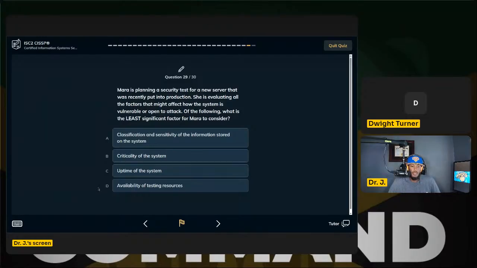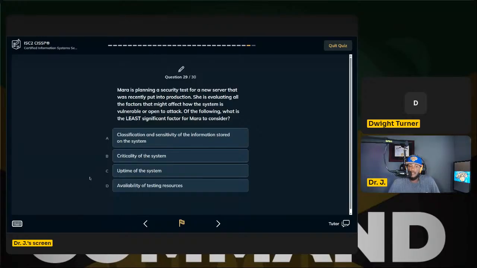So she's planning a security test for a new server that just got put into production, evaluating how it works. What's the least significant factor for her to consider?